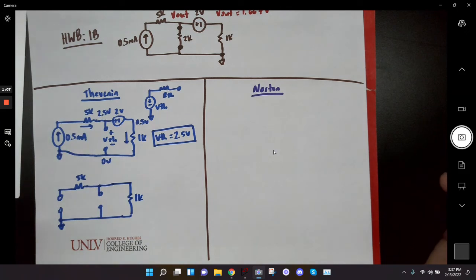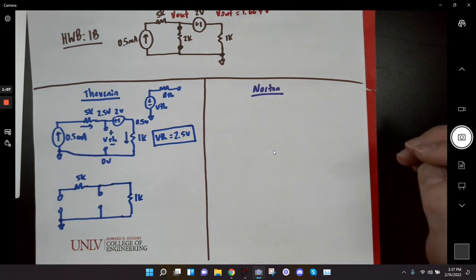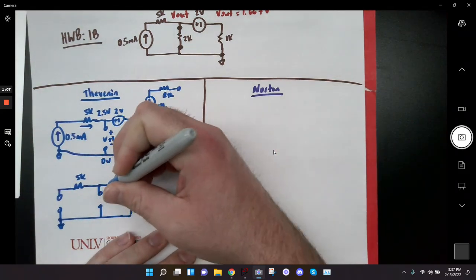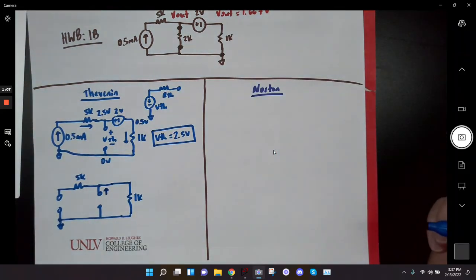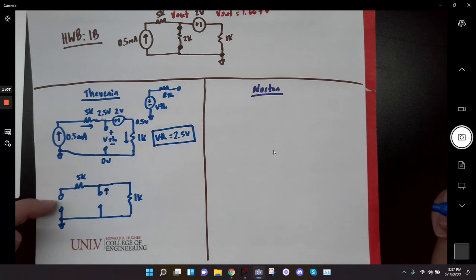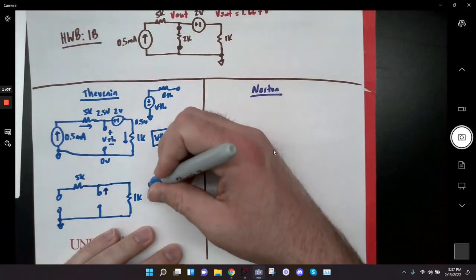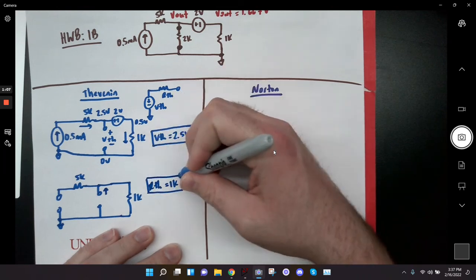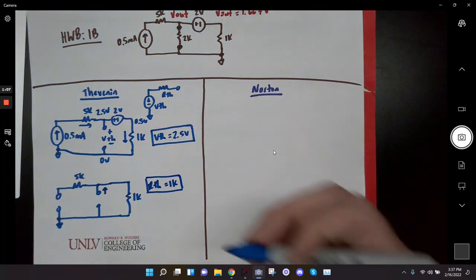It's just when you get rid of the sources, you do the same thing that you do in superposition, but you're going to get rid of all of them, and then measure the resistance. If I send a current in here, how much resistance does it have to go through to get to the other side? 1K, because it doesn't travel through the 5K because it has nowhere to go, right? So R Thevenin is 1K.